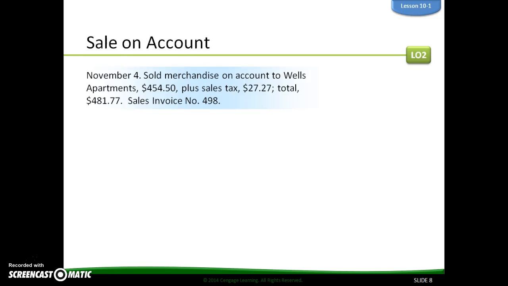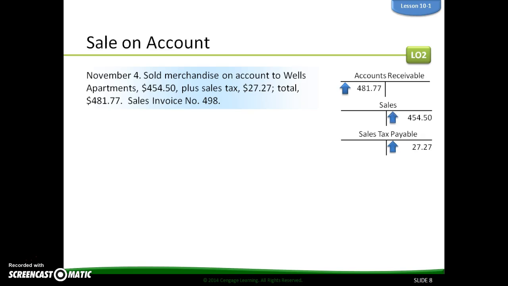So you can see on November 4th, we sold our merchandise to Wells Apartments, the sales tax amount, the total due, and then it's invoice number 498. Now you can see that 3 different accounts are going to be impacted by this. Accounts receivable is going to be the total amount.